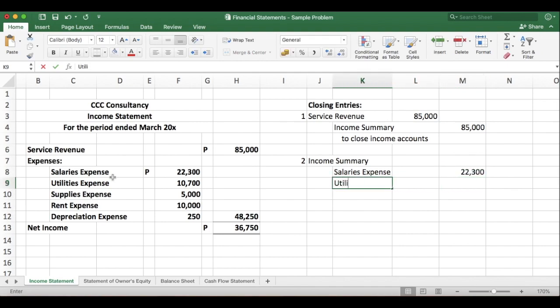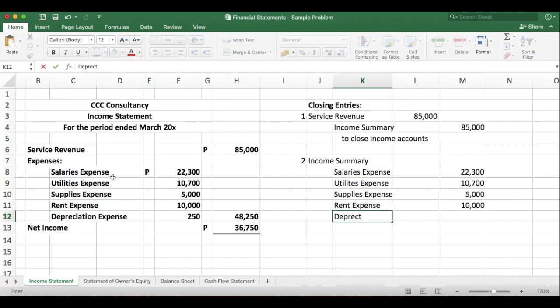We have utilities expense of 10,700. We have supplies expense of 5,000. Then we have rent expense of 10,000. Then finally, depreciation expense at 250. So what's the total expenses?